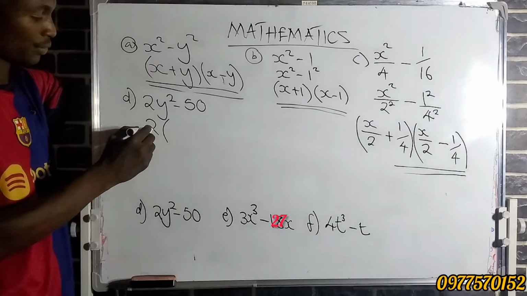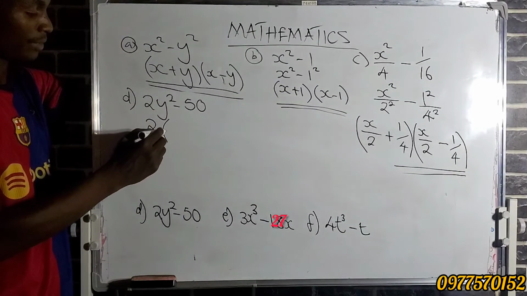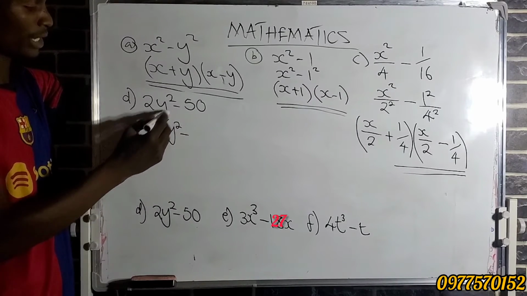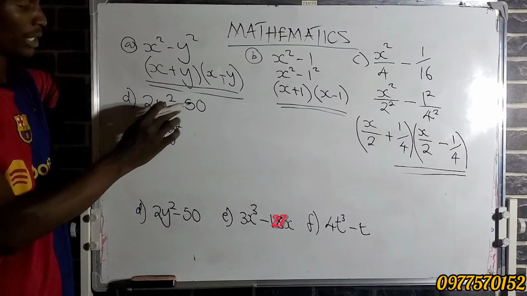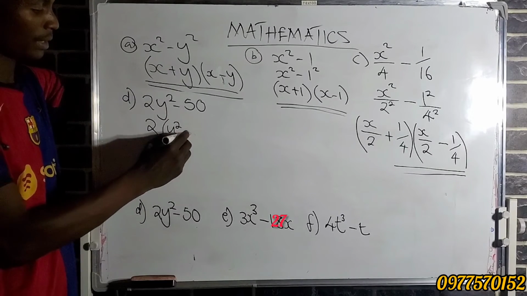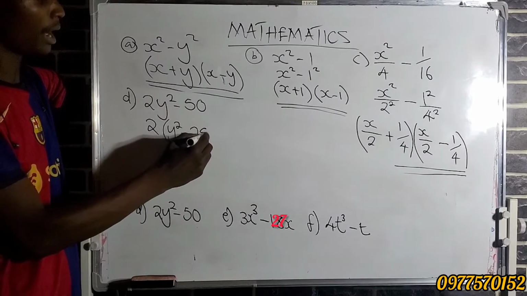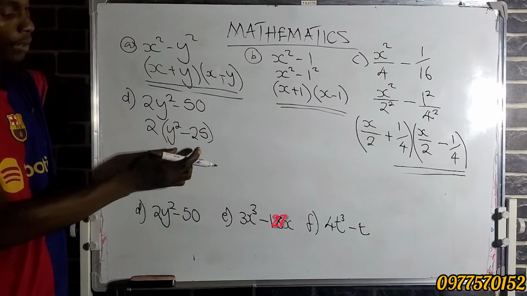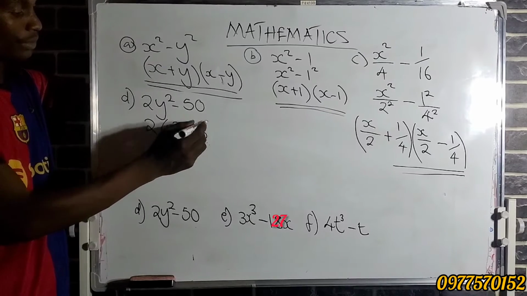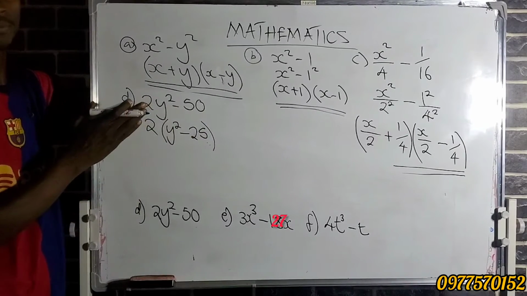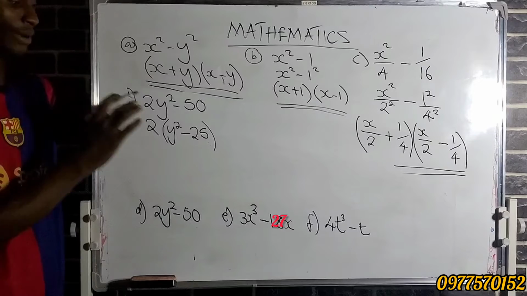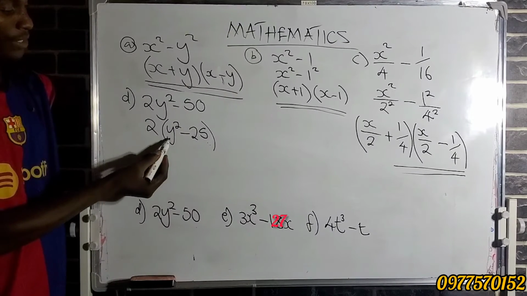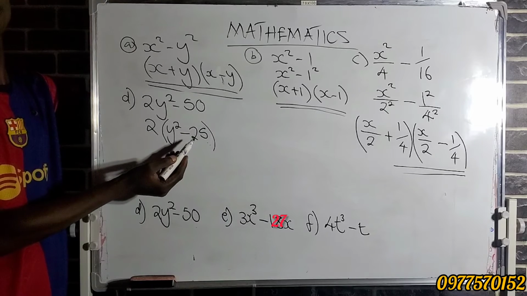Open bracket, 2 into 2y squared, remaining y squared, then 2 into negative 50, negative 25. You see? So what is inside? When you are presented with such a question, know that somewhere in brackets is going to be a difference of 2 squares. This is y squared, and 25 you can write as what?